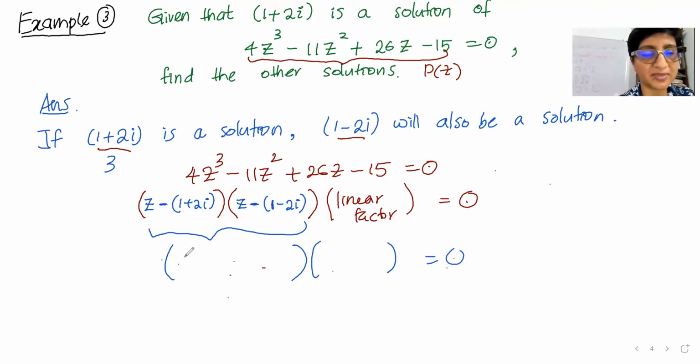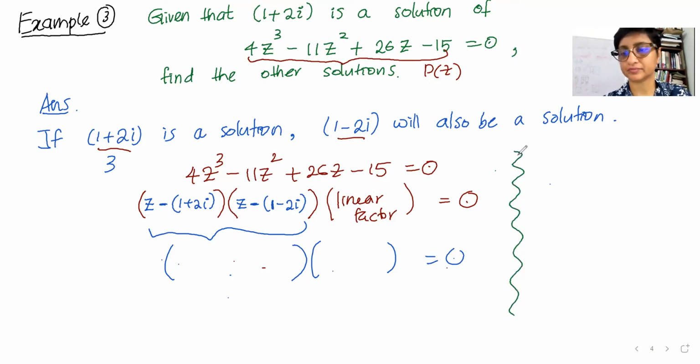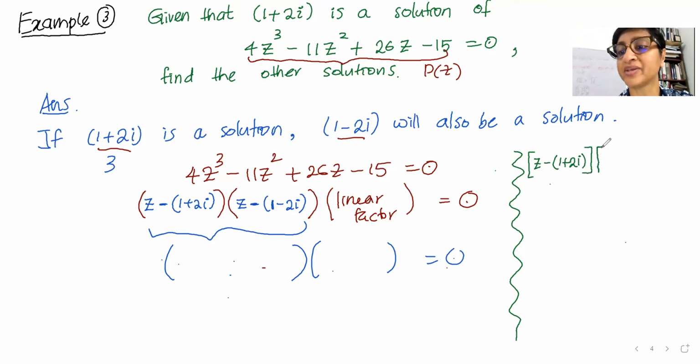So multiply these two. I'm going to do it on the side here in a different color. I'm multiplying z minus 1 plus 2i. This just looks complicated because our numbers are now complex numbers. You have 1 plus 2i instead of just having like 3.